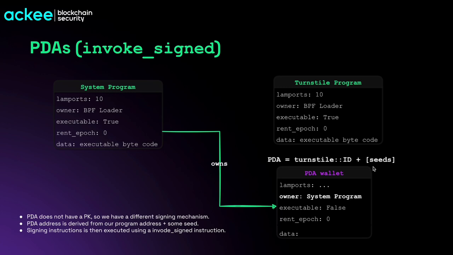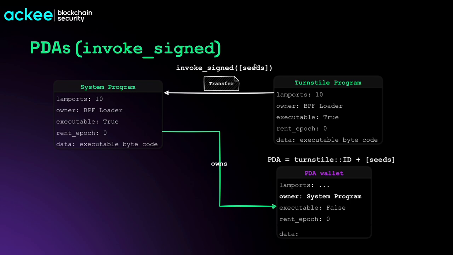So the address will be generated from our program ID and that additional seed that we are adding into the PDA generation. It can be essentially anything we can think of to generate some form of random seed. And signing instructions is then executed by using an invoke sign function in our System Program.